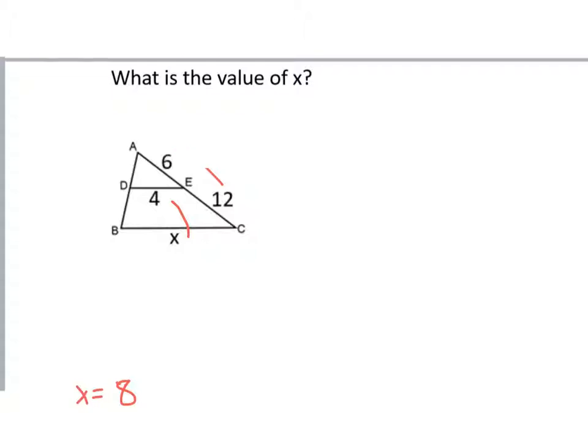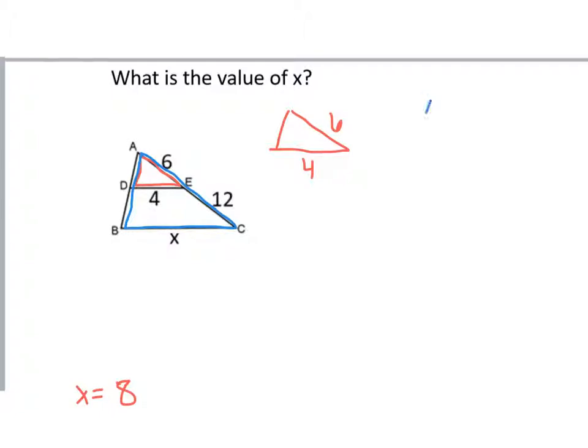Okay, so what we need to do is look at my first triangle here, where I've got a 4 and a 6, and that's this one. And then we need to look at the big triangle.